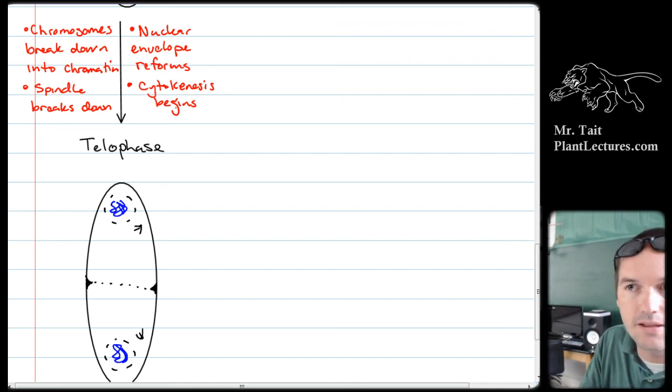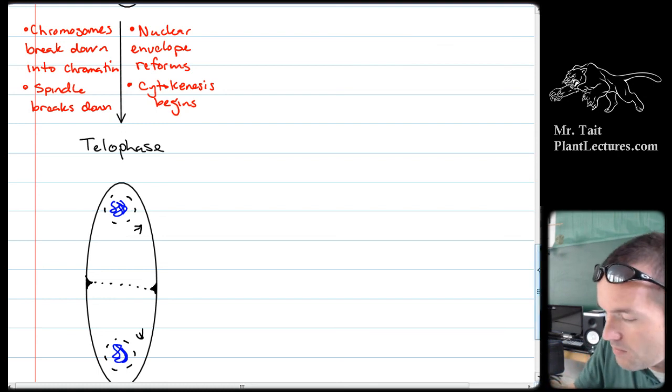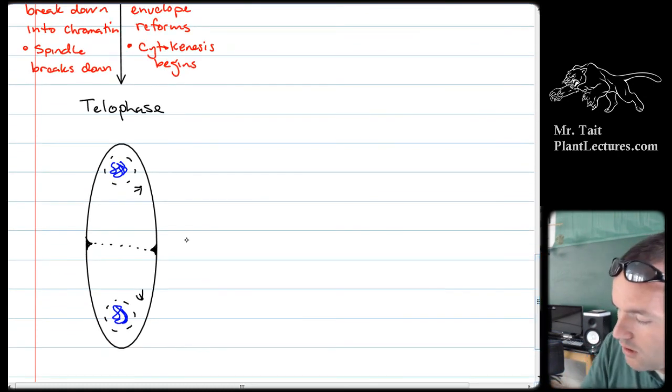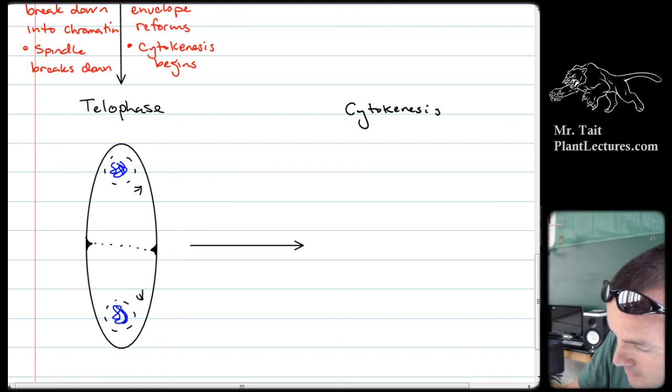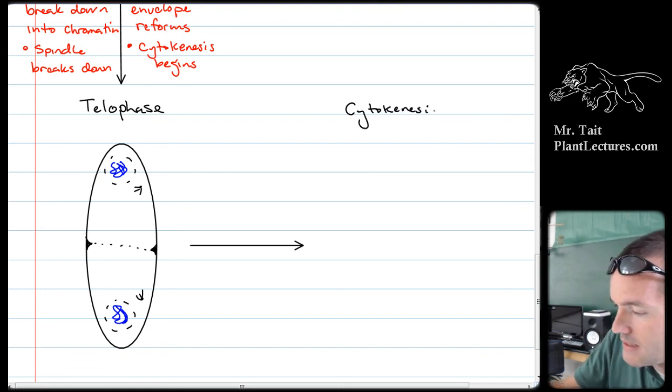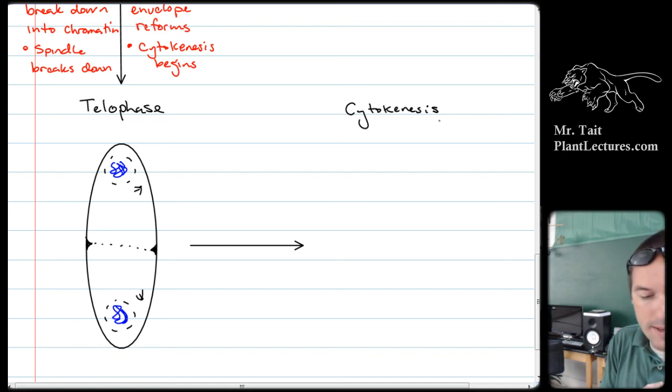Right? They're going to look very similar to one another. The only thing that I want you to know about cytokinesis is that there are different types of cytokinesis. Okay, based on whether it is a cell with a cell wall or a cell without a cell wall. So an animal cell or a plant cell.